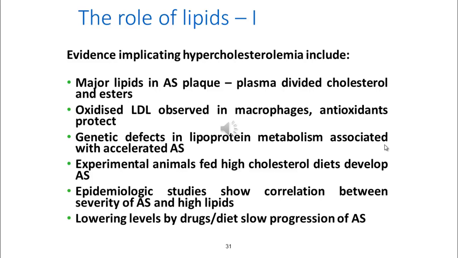If there's a genetic defect in the lipoprotein metabolism, then these patients have enhanced or accelerated atherosclerosis formation. The experimental animals which are fed with a high cholesterol diet have more chances to develop atherosclerosis. The epidemiological studies show a correlation between the severity of atherosclerosis and high lipid level. Drugs which are meant for lowering of the lipids are going to slow the progression of atherosclerosis.